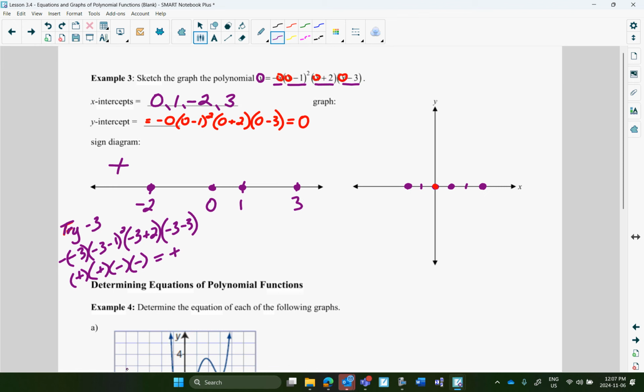Now remember, if an intercept happens twice, it bounces back. So I'm going through -2, which is x plus 2. Does that happen twice? No, so it goes straight through, gets into the negatives. So it goes down, starts to come back up towards 0. Okay, does the x occur twice? Nope, goes straight through.